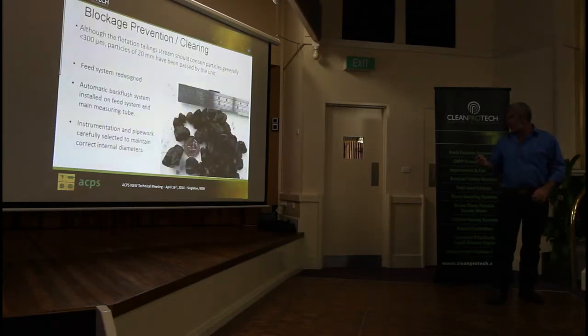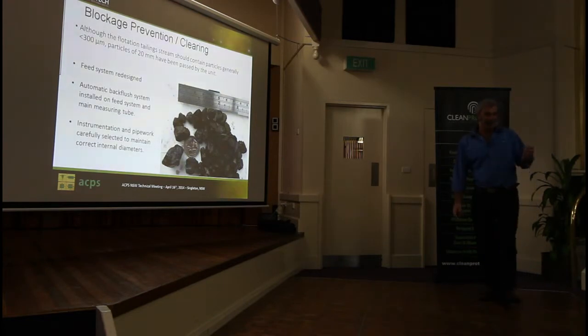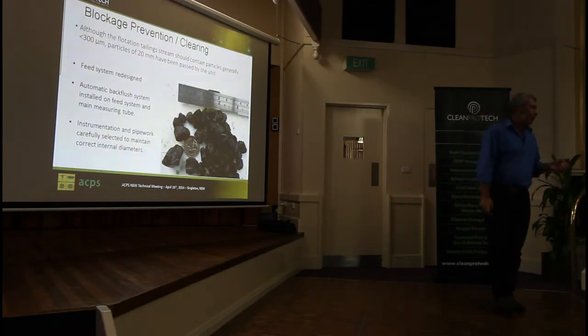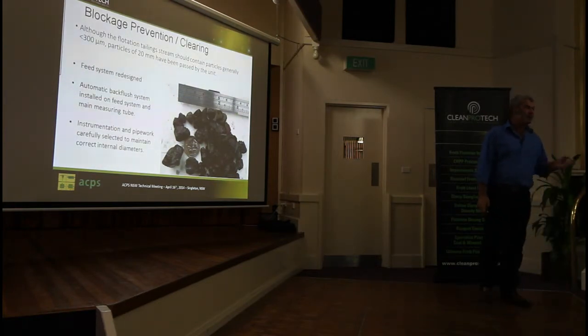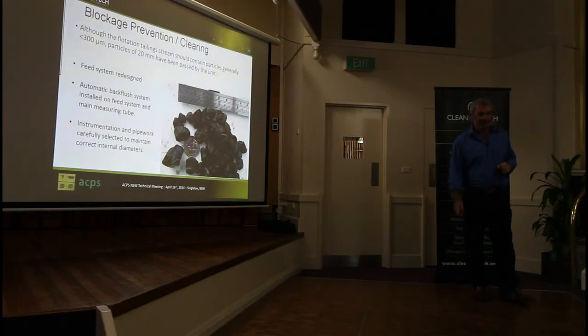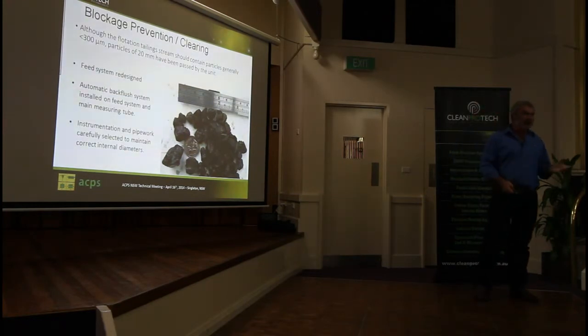Righto. So with the auto backflush system, and particularly the interference valve that we set up, we opened it up so that now we can take 20mm particles through the system. When the system first went into flotation, we worked on a maximum particle diameter of about 2mm coming through. We set it up with clearances to accommodate that, but things aren't always that way.